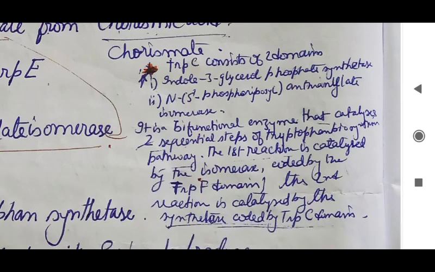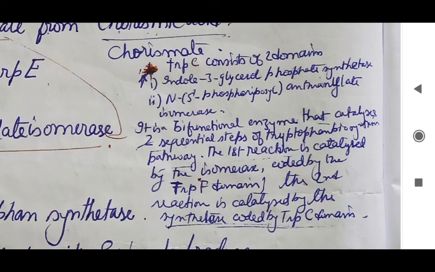Okay. So TRPC consists of two domains. The names of the two domains are indole 3-glycerol phosphate synthetase, and number 2, N5' phosphoribosyl anthranilate isomerase.